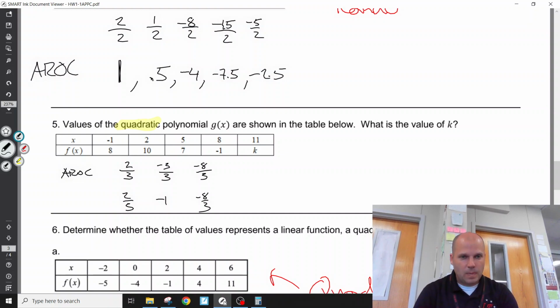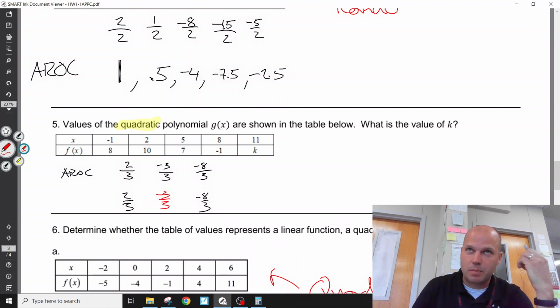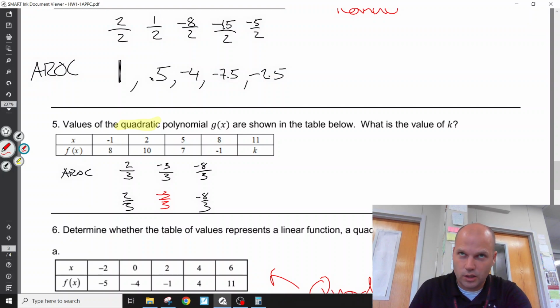Okay, my rates of change have to be consistent. I'm going to change this into thirds. My rates of change don't have to be consistent, but they have to be consistently changing. They have to have a linear rate of change, if that makes sense. To go from 2/3 to -3/3, I'm going down 5/3. To go from -3/3 to -8/3, I'm going down 5/3.